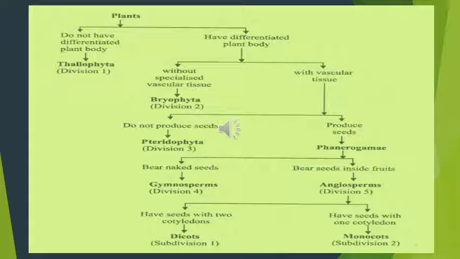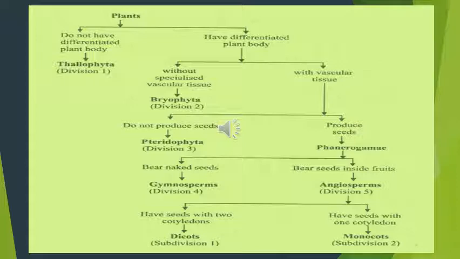On the basis of various characters, we can differentiate, or you can say classify, the kingdom Plantae into various divisions. And these mainly various divisions are Thallophyta, Bryophyta, Pteridophyta, Gymnosperm and Angiosperm. So these are the main 5 divisions that we are going to study in this chapter.